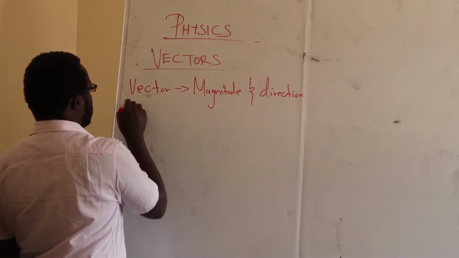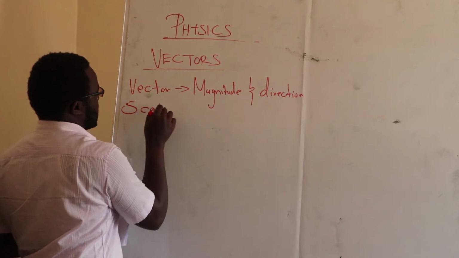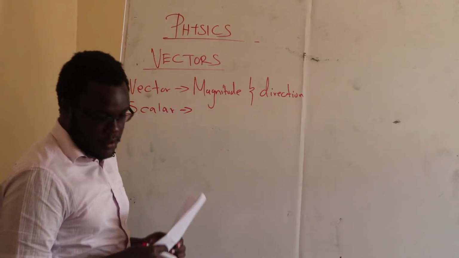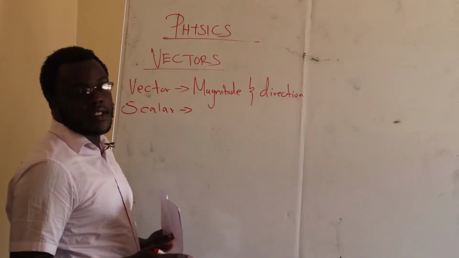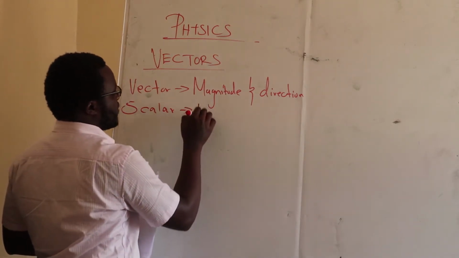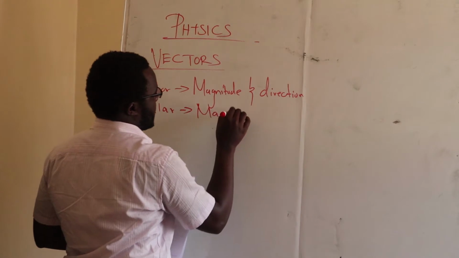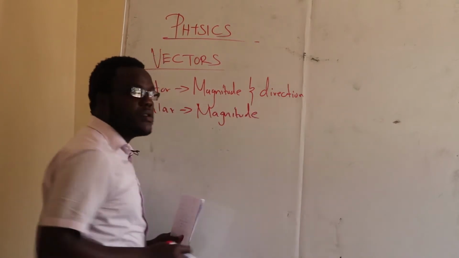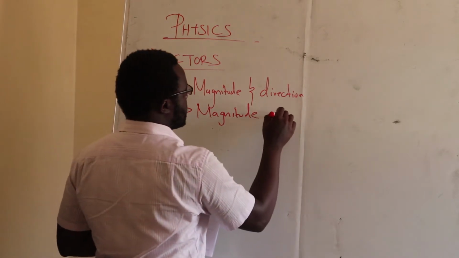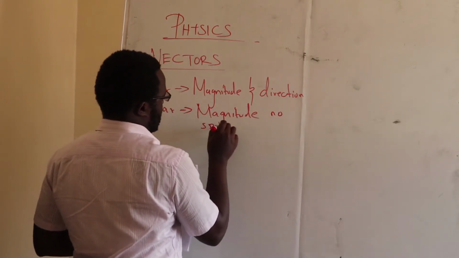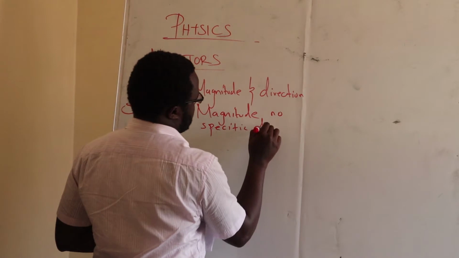Now, next we have other quantities that are known as scalar quantities. Scalar quantities just have magnitude but no specific direction.